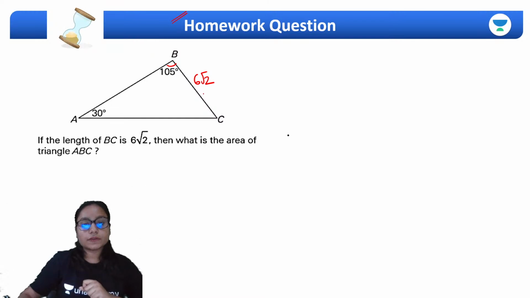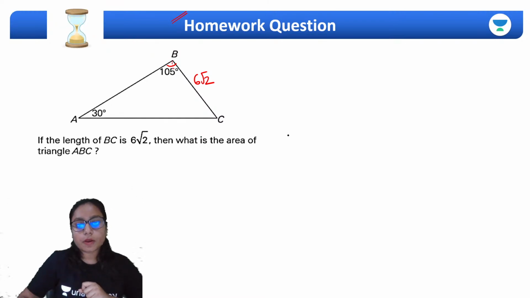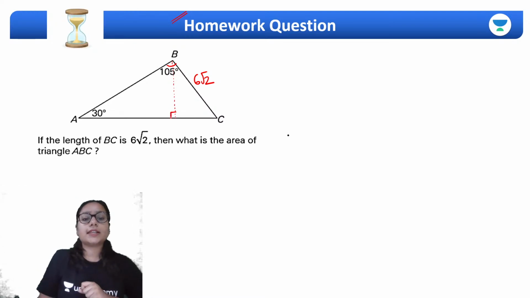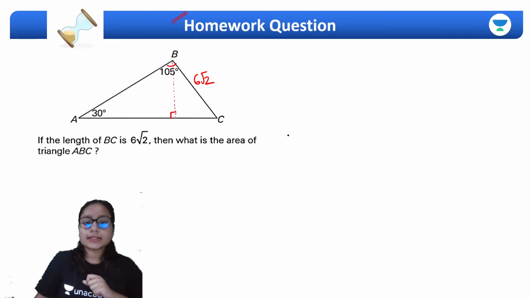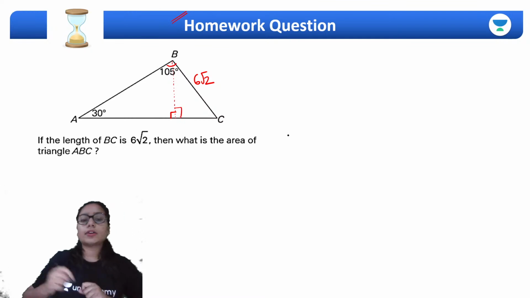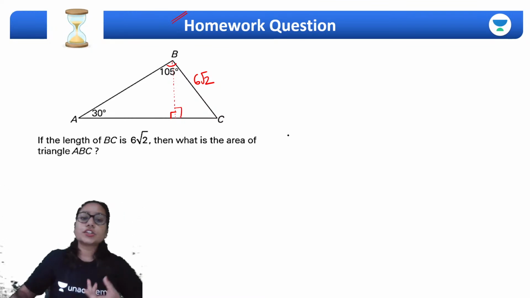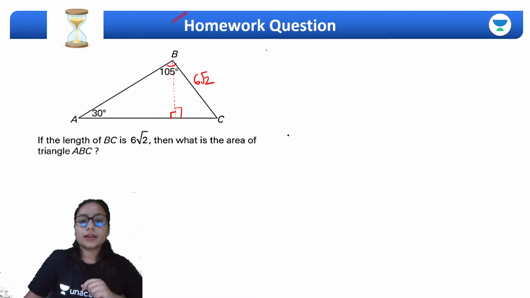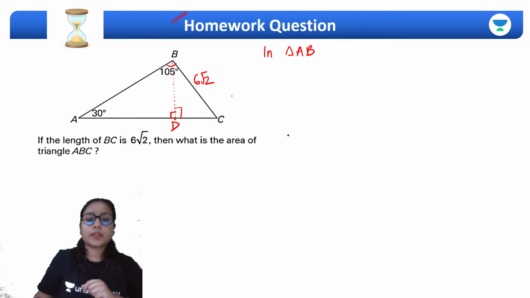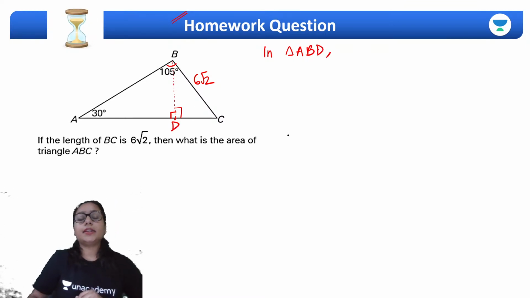First of all, let us draw a perpendicular from B to AC. If I draw a perpendicular from B to AC like this, then this angle is a 90-degree angle. Let us take this point as D and consider triangle ABD.